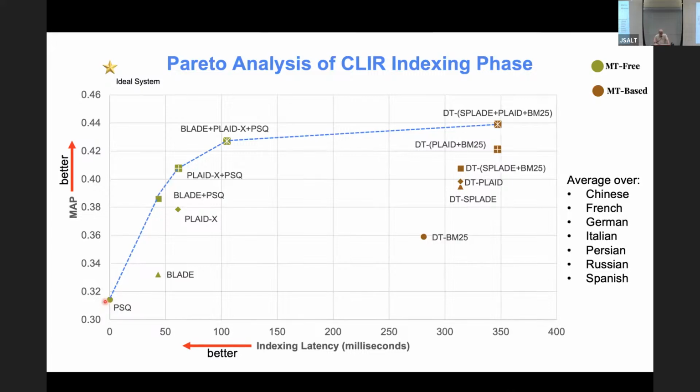If you want more effectiveness and you can afford it, you can go to someplace here where you get 30% better effectiveness, but your latency is higher. All the way up to systems like this.